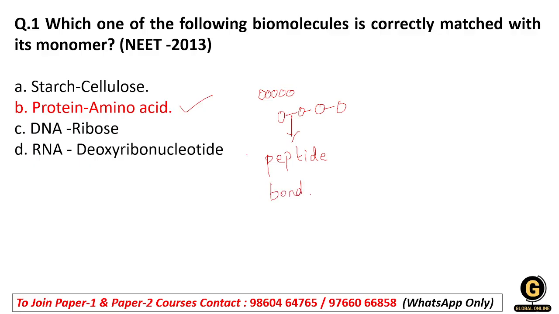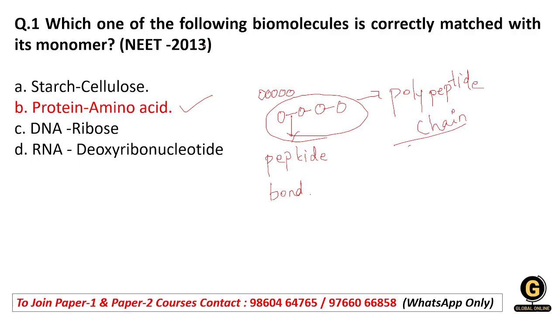And this whole chain is called the polypeptide chain because many monomers of amino acid are combined together. Polypeptide chain. So this question was asked in the year 2013.